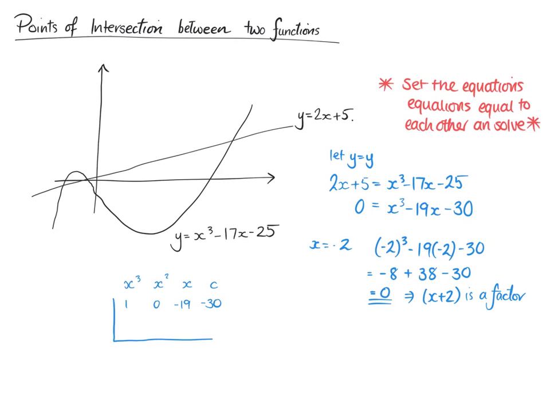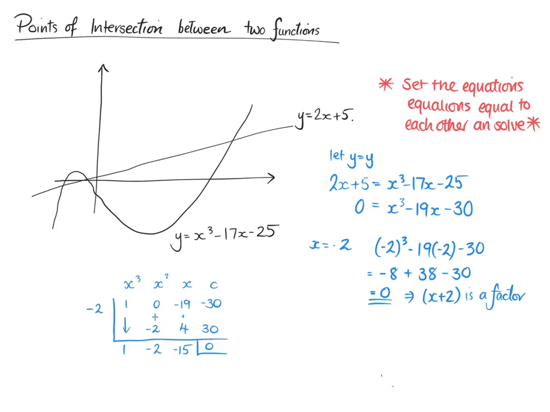We have minus 2 out here, so we take down the 1. Multiply it by minus 2, we get minus 2. Add those together, we get minus 2. Minus 2 times minus 2 is 4, which gives us minus 15. Minus 15 times minus 2 gives us 30. So we have a remainder of 0, which is exactly what we were looking for.